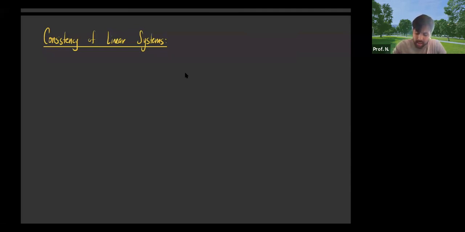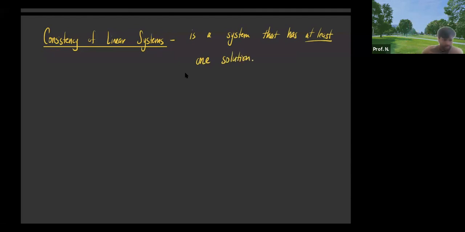So a consistent system, and I think we discussed this in the beginning, is a system that has at least one solution. You have systems that have a unique solution, systems that have infinitely many solutions, and systems that have no solution.